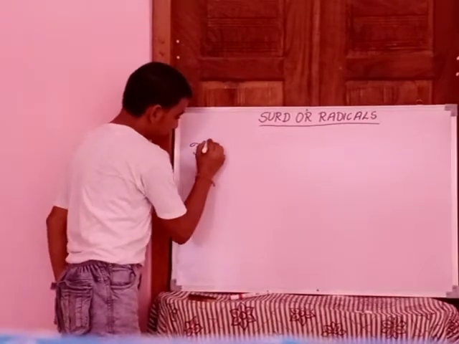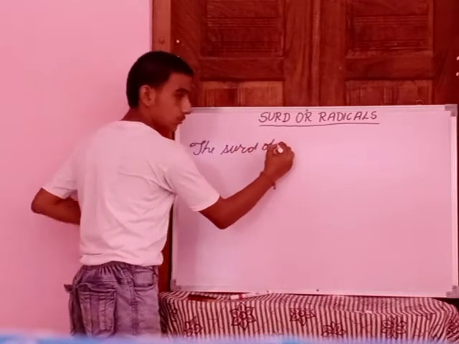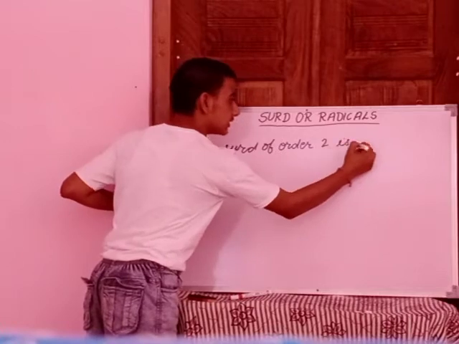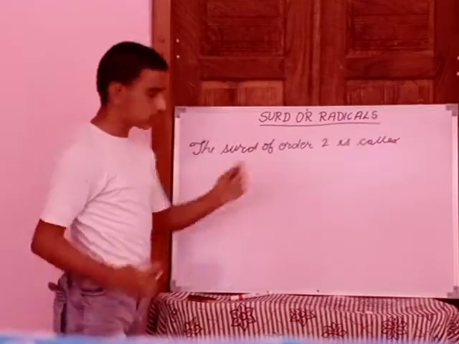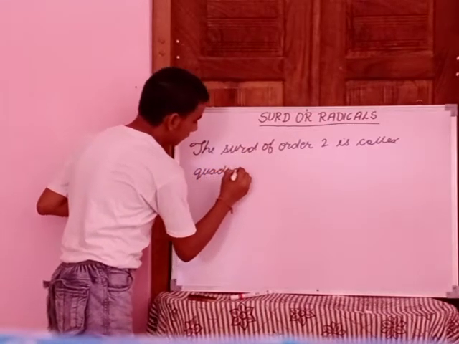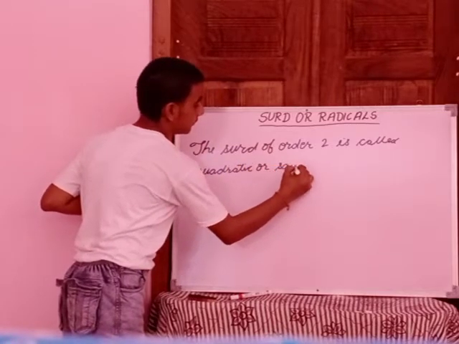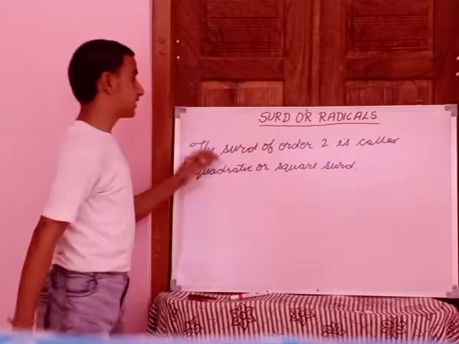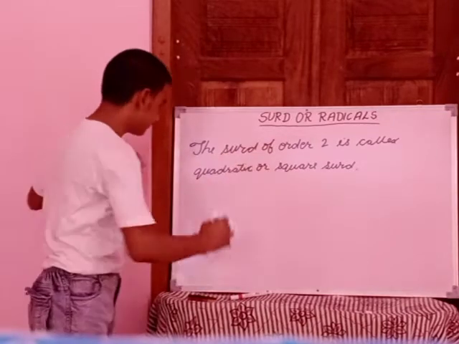The surd of order 2 is called a quadratic or square surd.